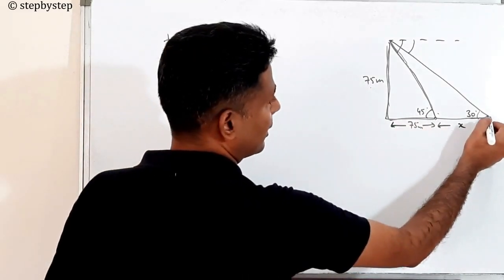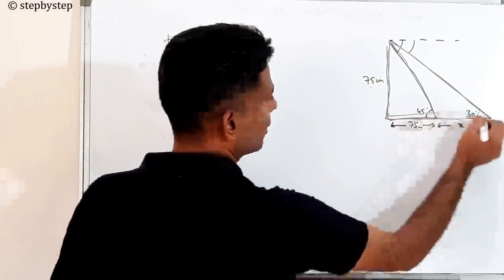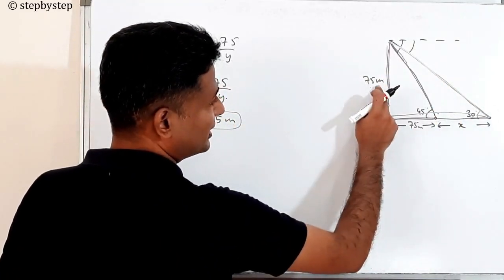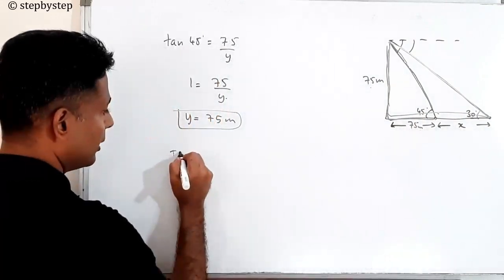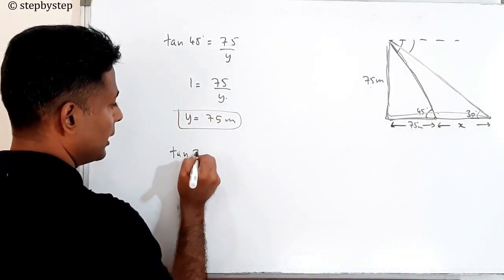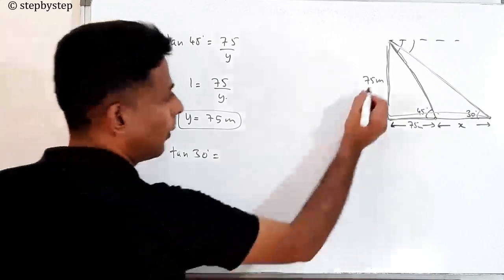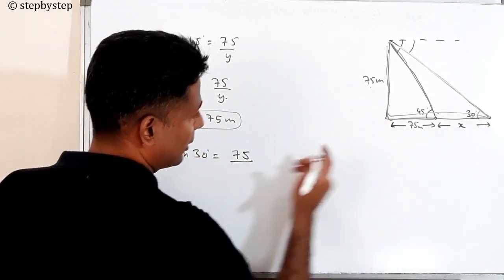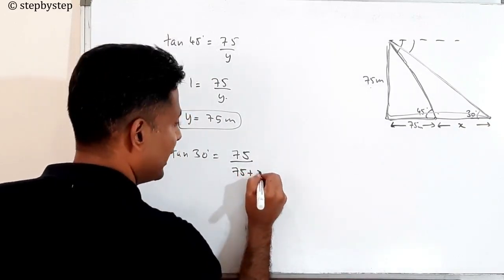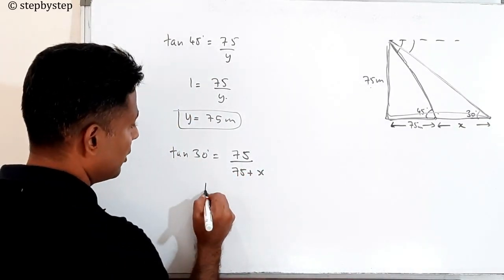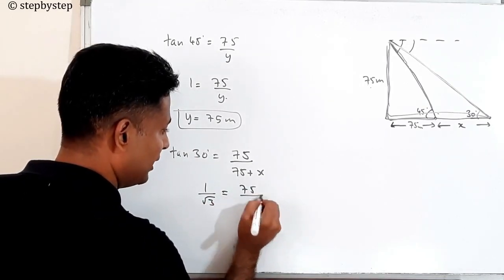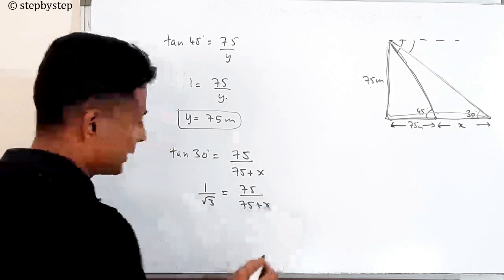Now the second triangle, this whole triangle, using that I have the angle here, opposite side and adjacent side. So again tan 30 degrees will be equal to opposite, that is 75, by adjacent, that is this whole thing, 75 plus x. Now tan 30 is 1 by root 3 equals 75 by 75 plus x.